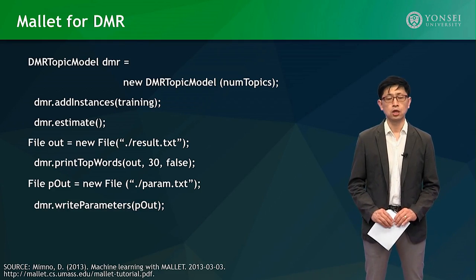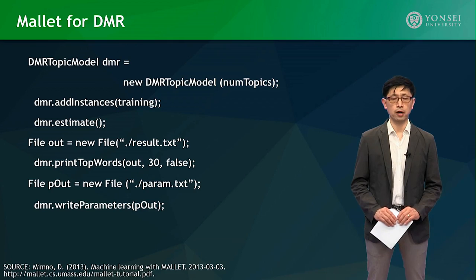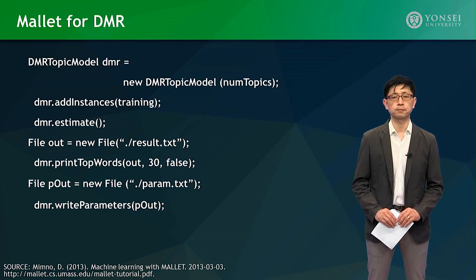Once you finish it, you can print the result of topics along with top words by calling the print top words function. The first argument is the outfile. The second one is the number of words to print. And the third one is whether a new line will be printed per topic or not.